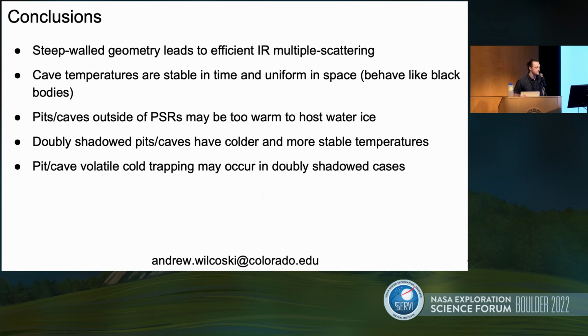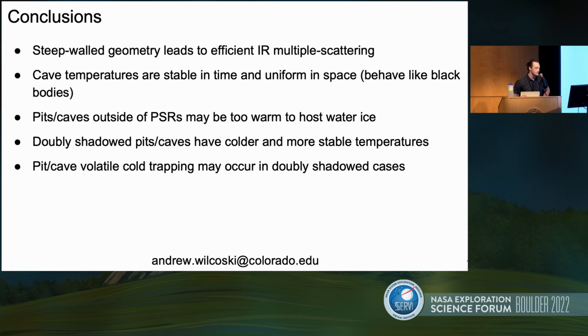Cave temperatures end up being stable in time and uniform in space, and we're finding that these caves are approaching black body behavior. The pits and caves outside of PSRs in our modeling tend to be too warm to really host water ice over long periods of time. However, things like doubly shadowed pits and caves have colder, more stable temperatures.